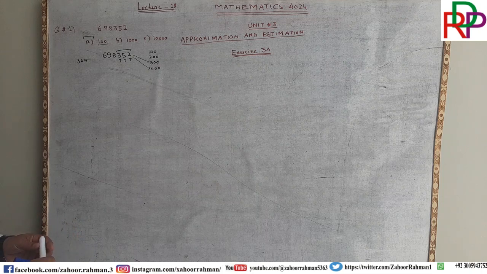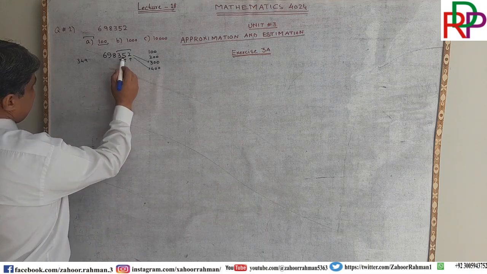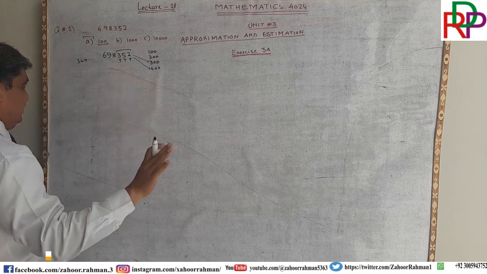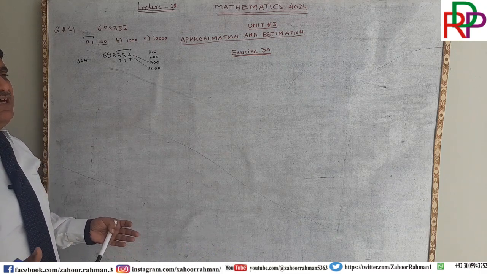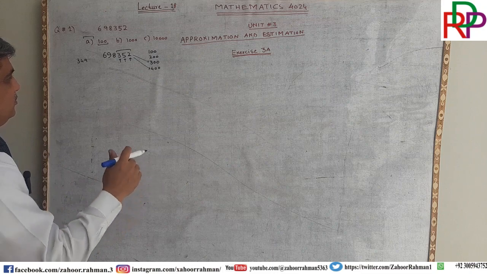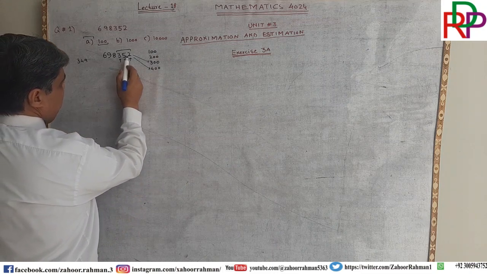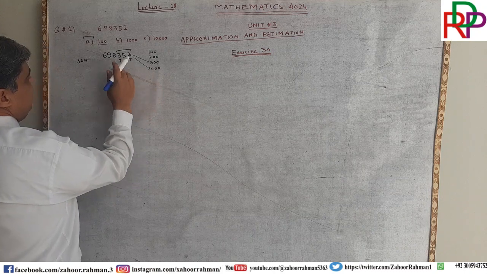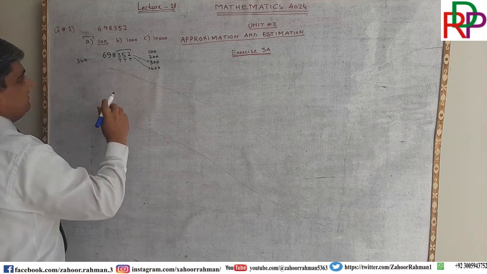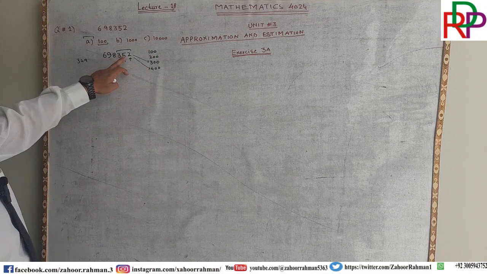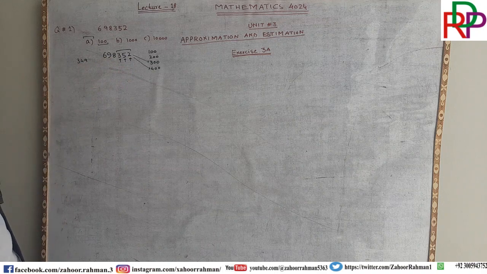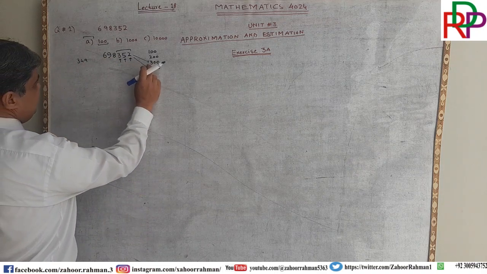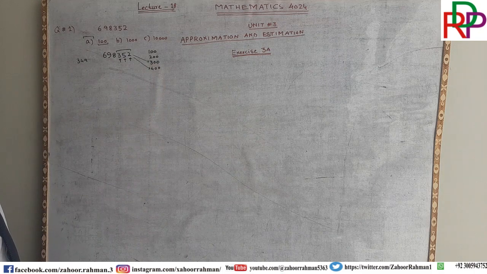So there is a rule: if it is greater than or equal to 350, you have to pay 400, because you don't have the 50 rupees note. But if it is less than 350, so because this is 349, then this is nearest to 300.